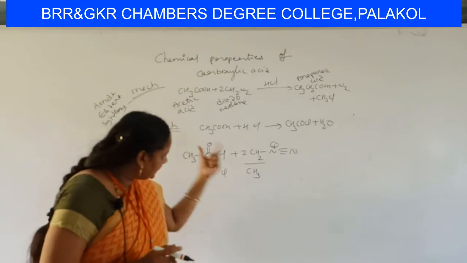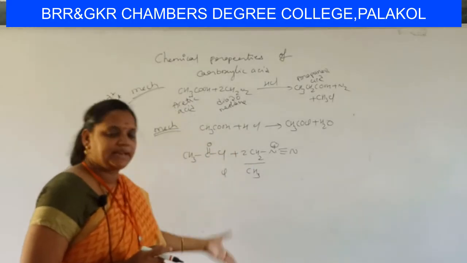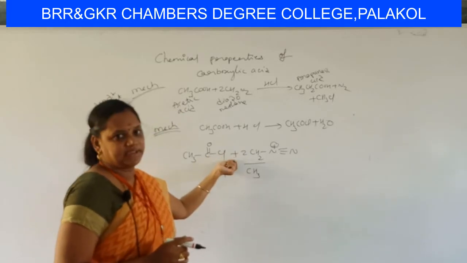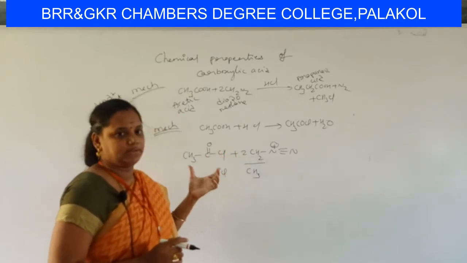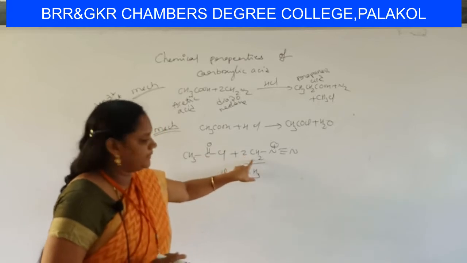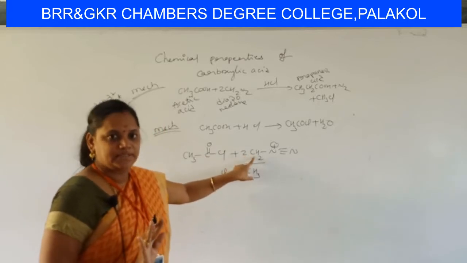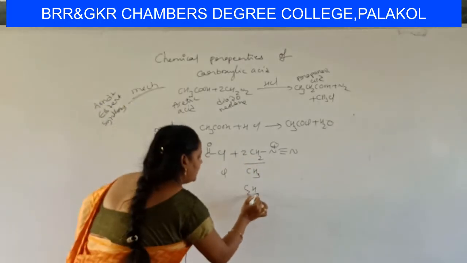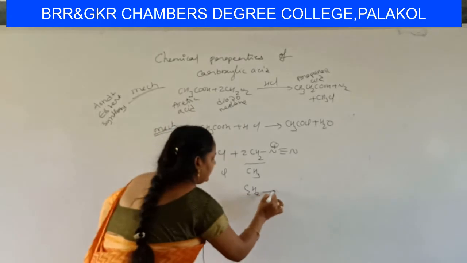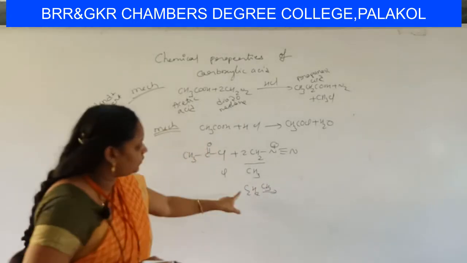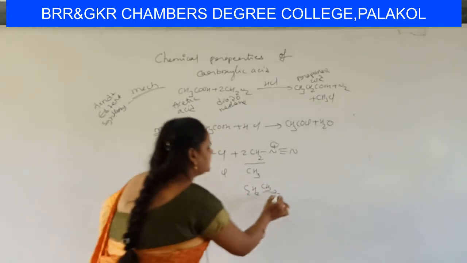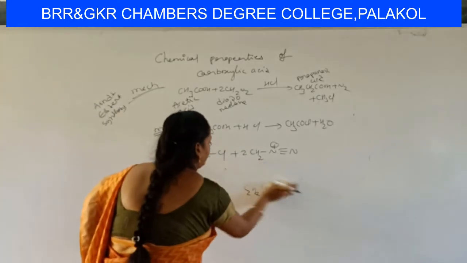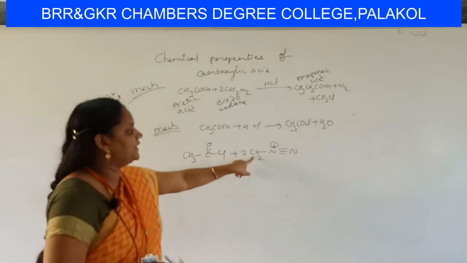Please, if you understand this reaction, you can easily write the mechanism. Just the reaction's importance is present in this understanding. Okay? 2 CH2N2 means 2 carbons and 4 hydrogens. I am taking CH3 out. So what will be the remaining part? CH. Okay.